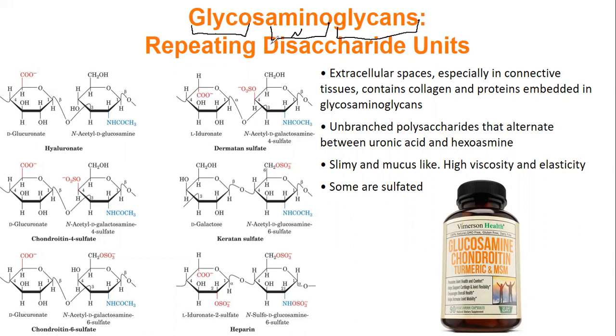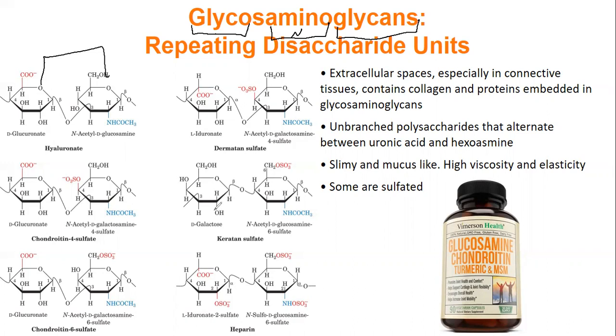So for example, for hyaluronate, it's these 2 molecules repeating over and over again. Now for these, I don't want you to memorize the exact structures, but what you should know is that glycosaminoglycans have some common things going on.